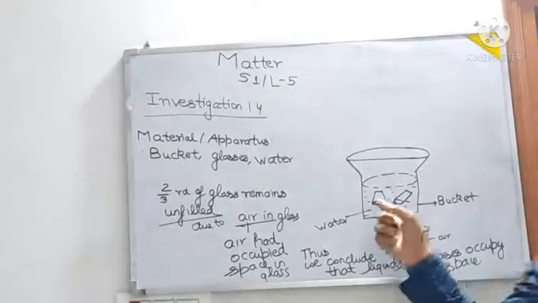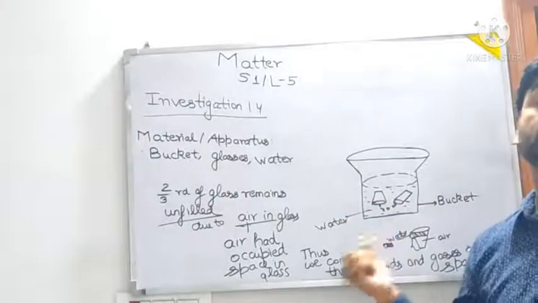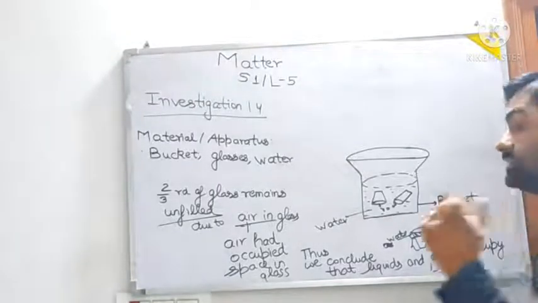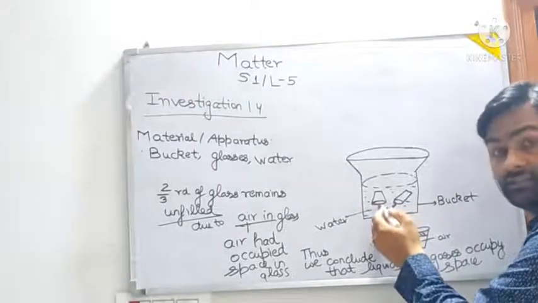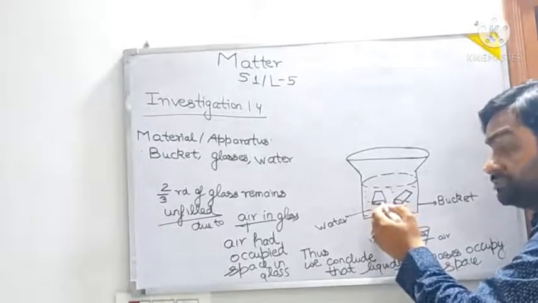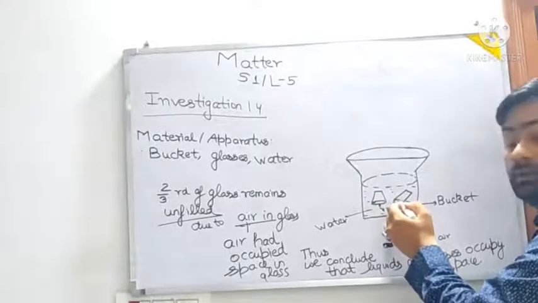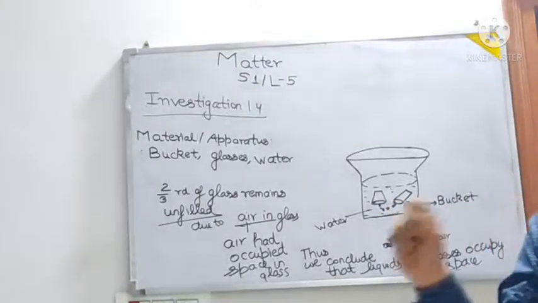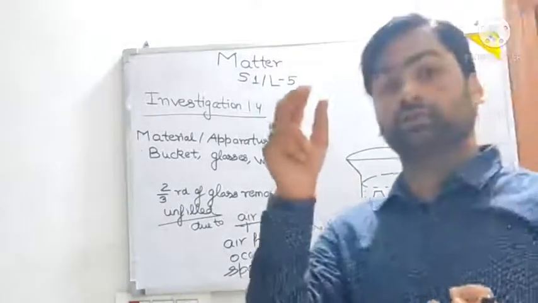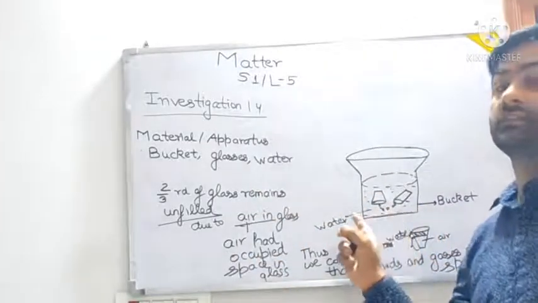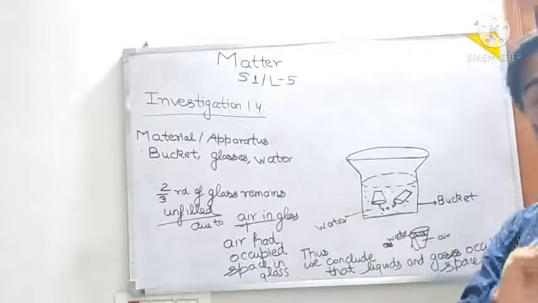So since air from the first glass has moved out, can we say that that space is vacant now? And since the space is vacant in the first glass, the water will go and take the place. And since air is moving out as bubbles, those bubbles are collected where? In the second glass. And the first glass is filled with water only.